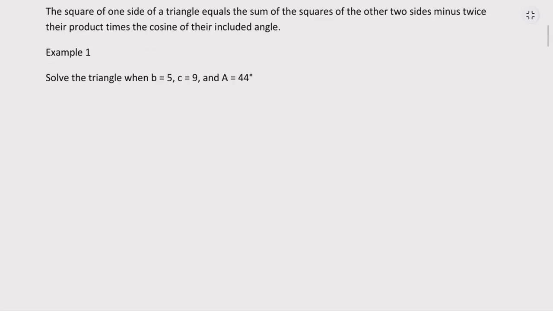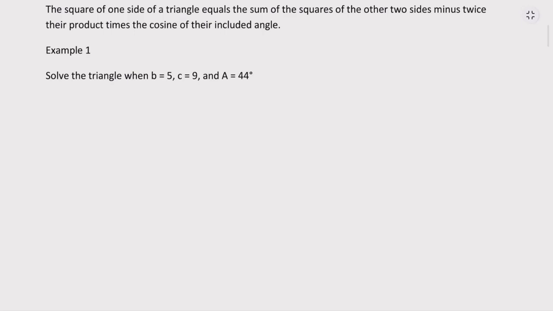Alright, let's take a look at an example. Solve the triangle when B equals 5, C equals 9, and A equals 44.